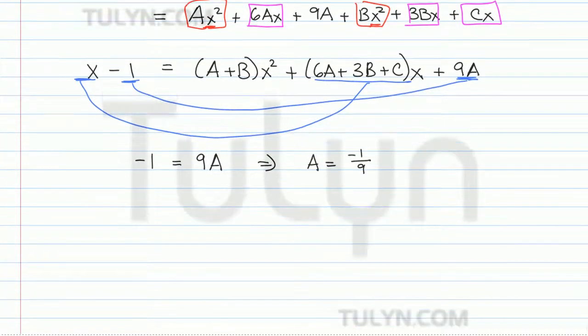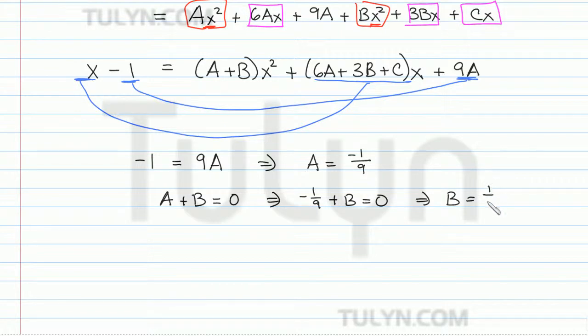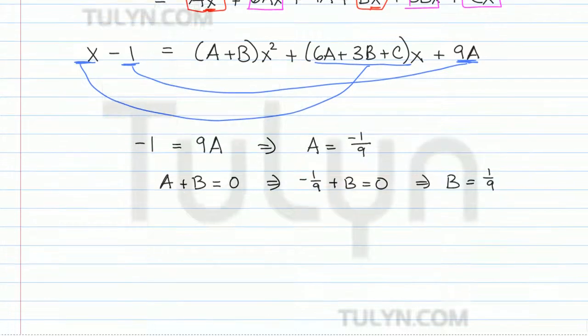So we found our A. Now the next step is to find another letter. Since we have A, and we know that A plus B has to be equal to 0, we can use that to find B. So A plus B has to be equal to 0, and A is equal to negative 1/9, which means B has to be positive 1/9.